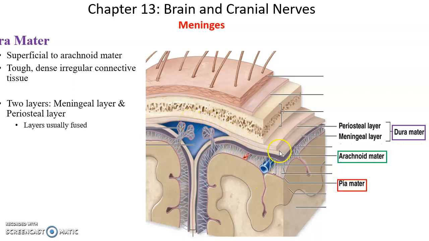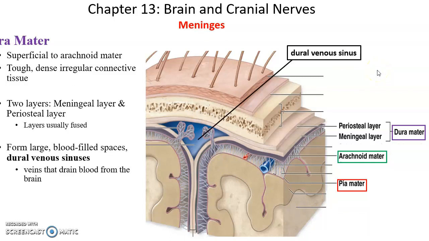The meningeal layer, which is closer to the brain or more deep, and the periosteal layer, which is next to the bones of the skull, and therefore more superficial. And in certain areas, they form veins. And these large veins are called the dural venous sinuses. And they drain blood from the brain, and they're called sinuses because they do not have any smooth muscle tissue.